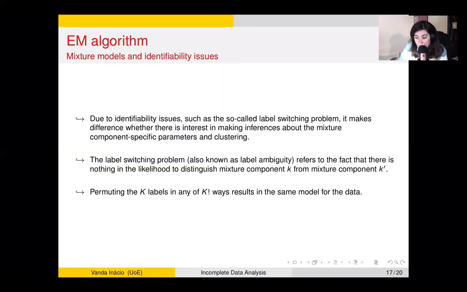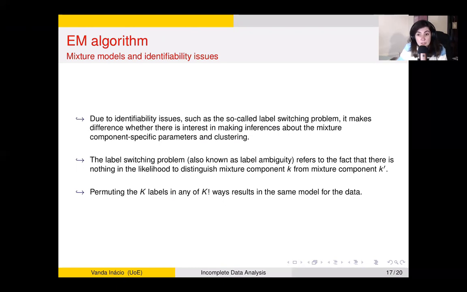And before we conclude this part, I should warn you, I will not enter in all of the details, but I want to pass this message. Mixture models suffer from the well-known label switching problem, also known as label ambiguity.